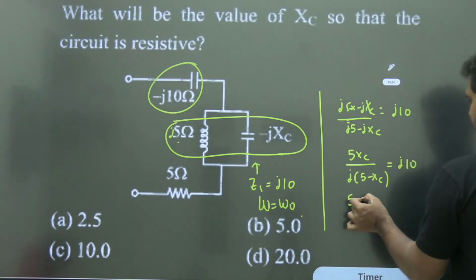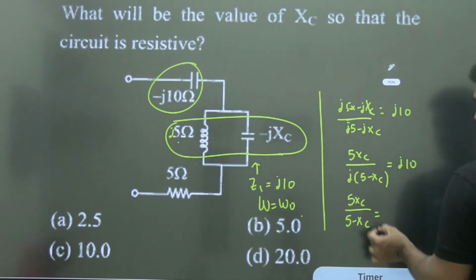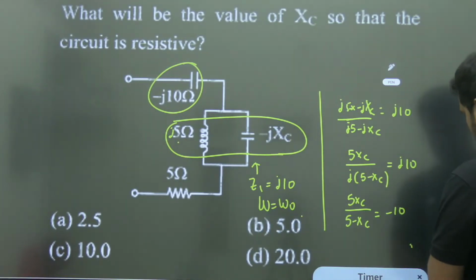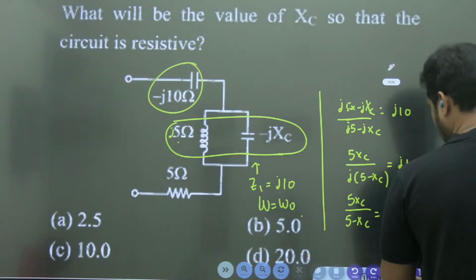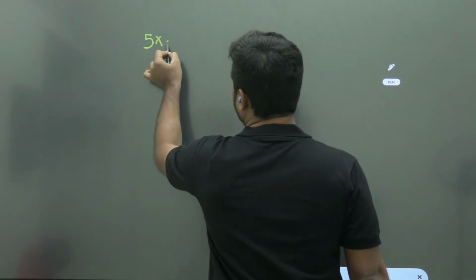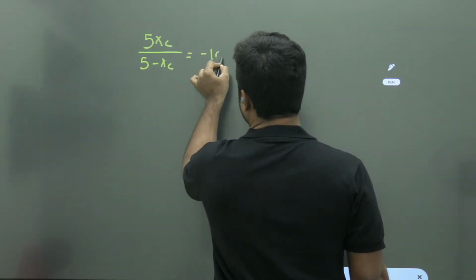Here 5XC by 5 minus XC must be equal to minus 10, since j squared is minus 1.